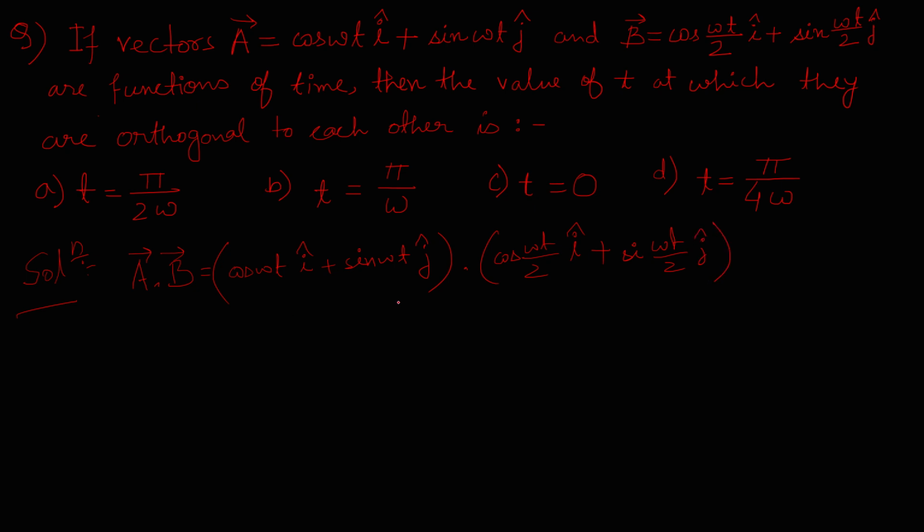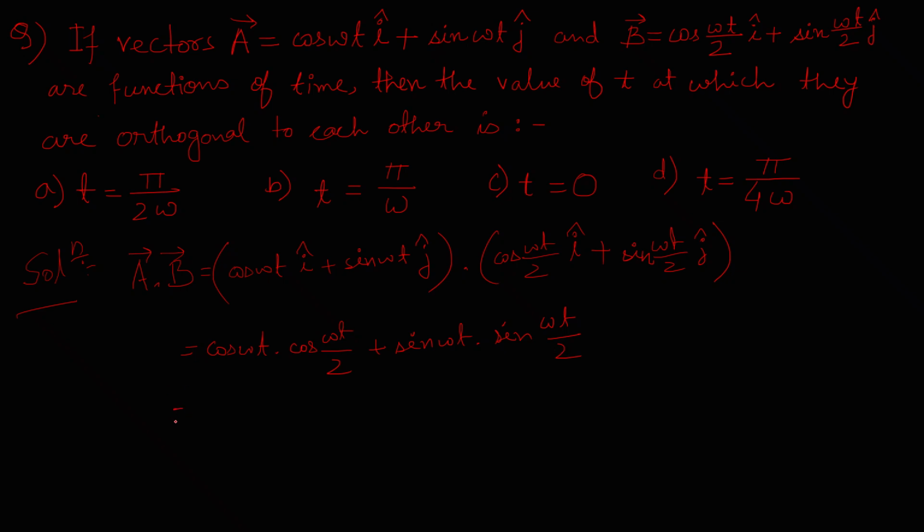This is sine. So i cap will be multiplied by i cap, so this will be cos of omega t multiplied by cos of omega t by 2 plus sine of omega t multiplied by sine of omega t by 2.